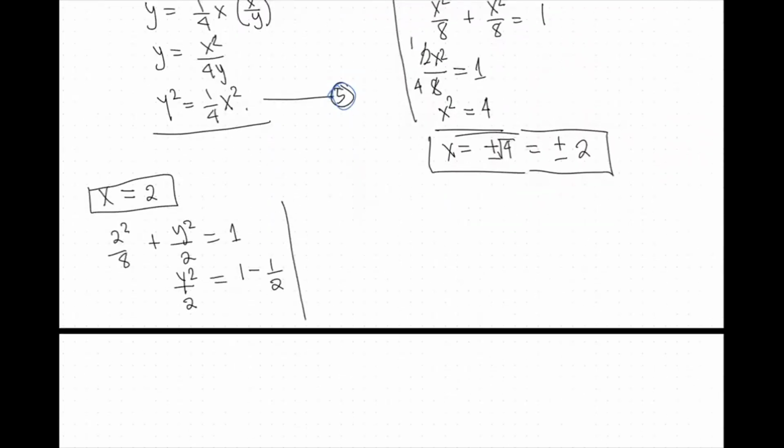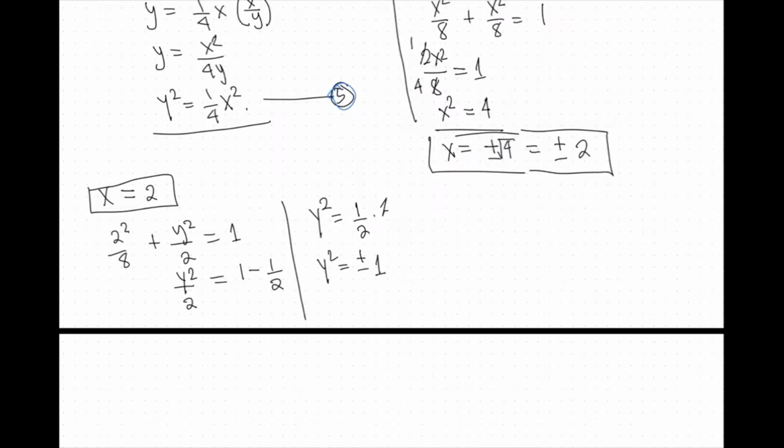This means that y squared is equal to 1/2 times 2. So here we get y squared is equal to 1, so y is plus or minus 1.